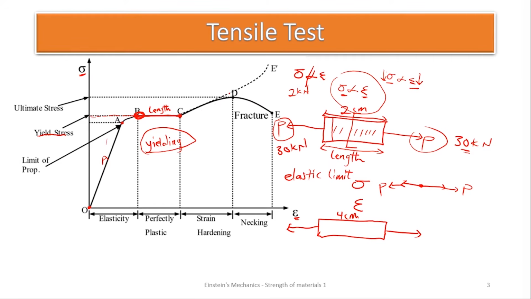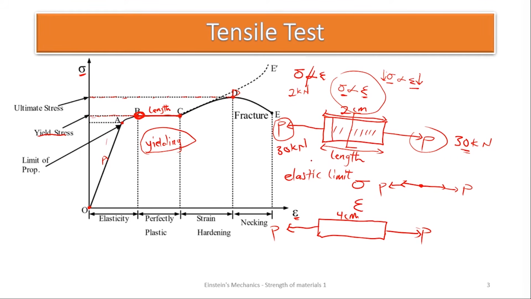Yes, it is also going to increase in size when these forces P are being increased. And at a certain point D, look at here, D, that's what we call the ultimate stress, meaning at this point the material will be stressed to the highest point that it can no longer contain any other stress.